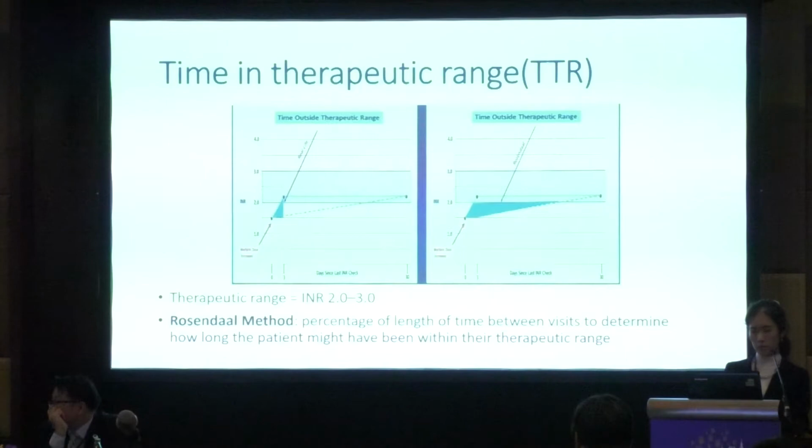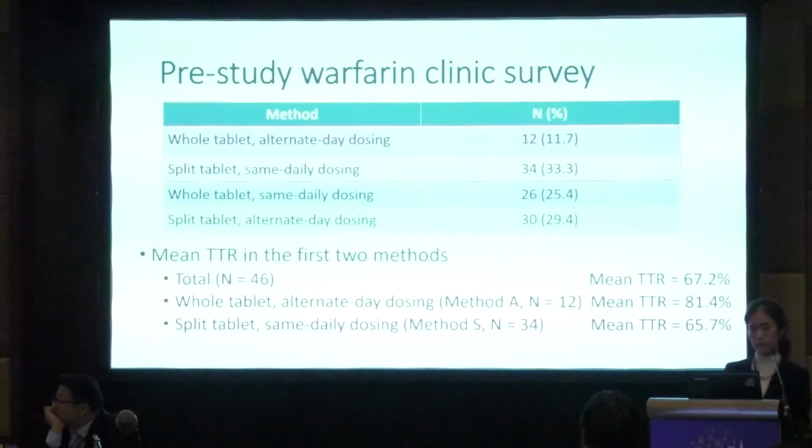TTR has typically been assessed by the Rosendaal method, a complex equation that is used worldwide in many warfarin quality studies, where the INR is assumed to change linearly from the last INR until the INR at the next check. According to the protocol, we usually maintain the INR in the range of 2 to 3, and the TTR indicates the days with warfarin in range over the total days of warfarin use.